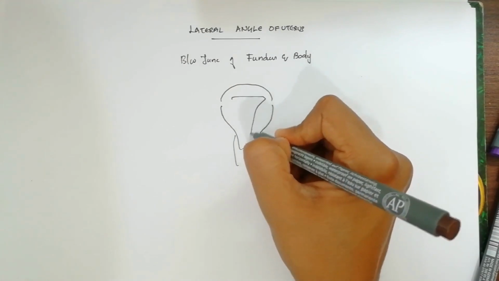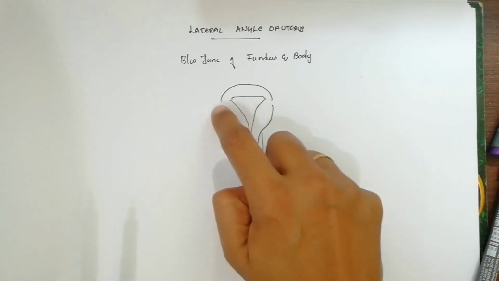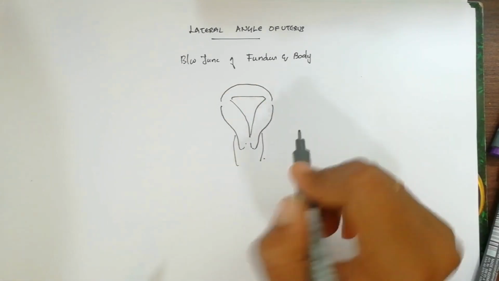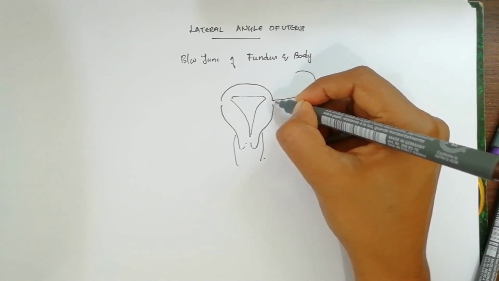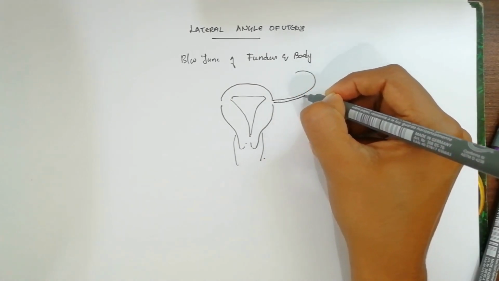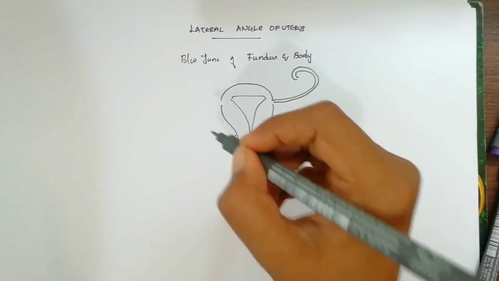We have our uterine cavity over here, and now we have this lateral angle, which is carrying three important structures. One structure we have already dealt with, and that is the uterine tube, which is going to get attached to the ovary.